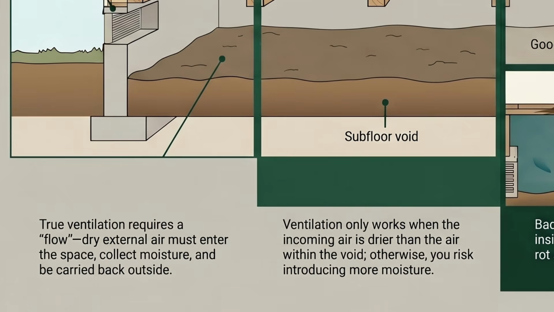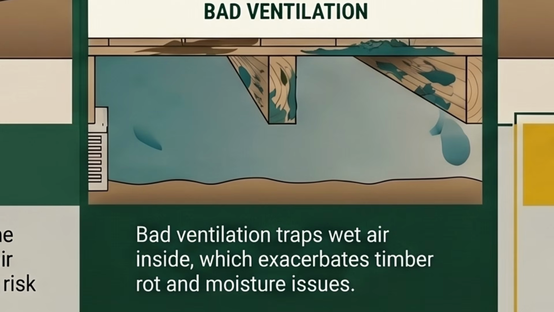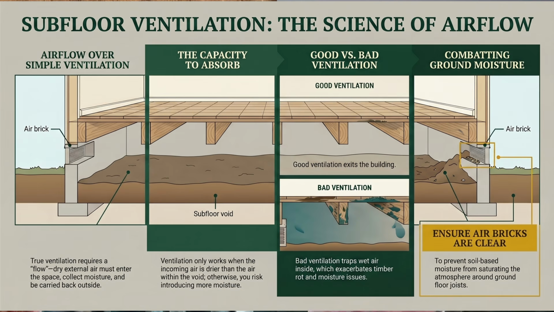So that's where we need to think about venting into that area. So that's a very brief overview. But what we're talking about is having dry air coming in, wet air going out.